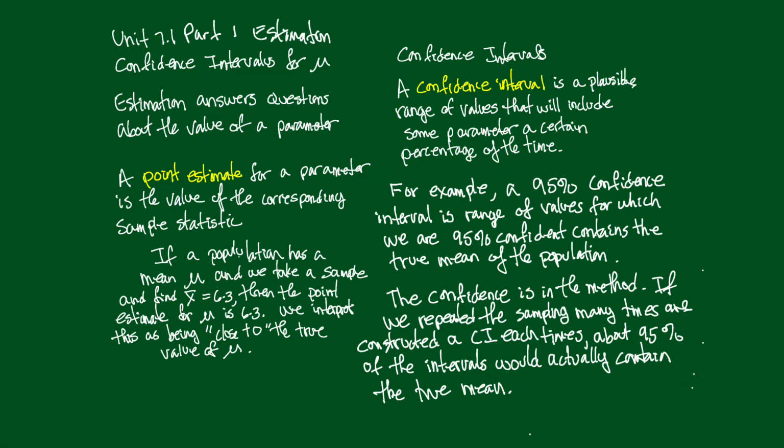Now, we'll draw a picture of this in a minute, but the confidence is not in the interval itself. If we repeated this sampling method many times and constructed a confidence interval each time, about 95% of those intervals would actually contain the true mean. So suppose there were 100 of us here in class, and each one of us takes a sample. We all get our sample means, so there are probably going to be 100 different sample means.